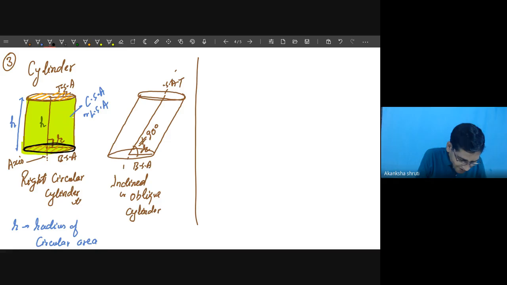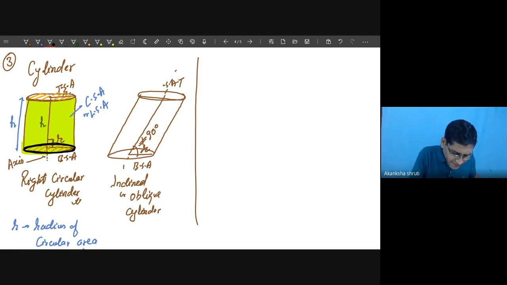If you have a ring or a bangle, as some of you might be using, and place one bangle over another, what will you get? You will get just a hollow cylinder. So you have to consider only that much part.